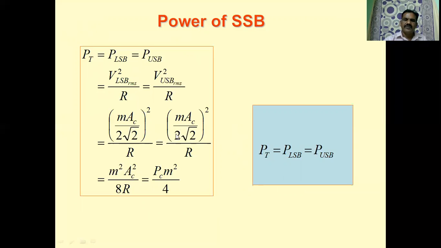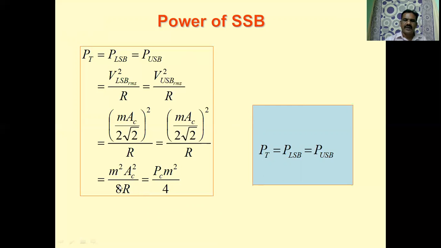That is equal to M square AC square by 8R, which is M square by 4 into AC square by 2R, and AC square by 2R equals carrier power.